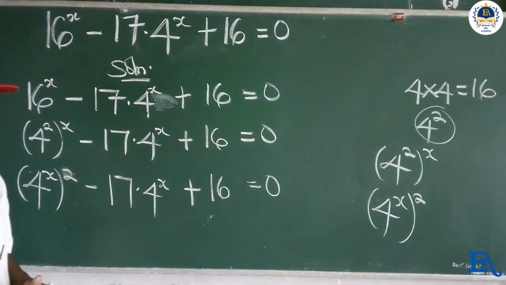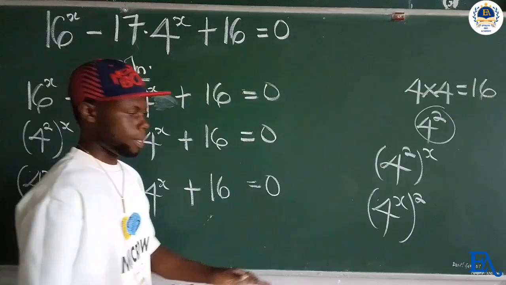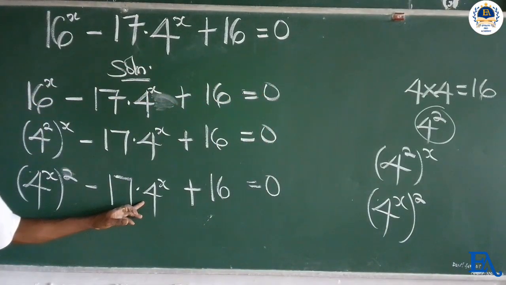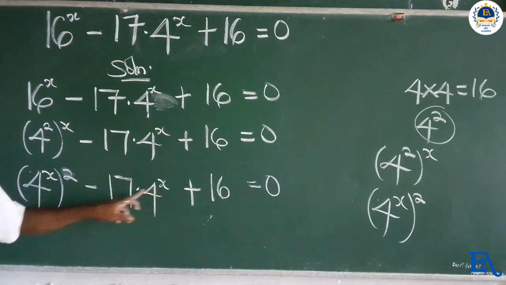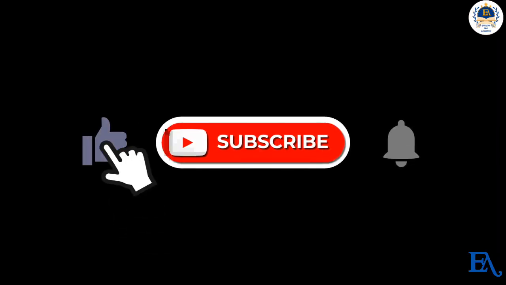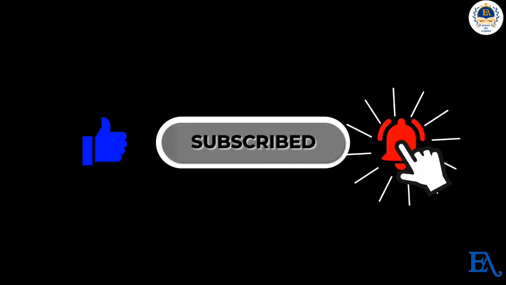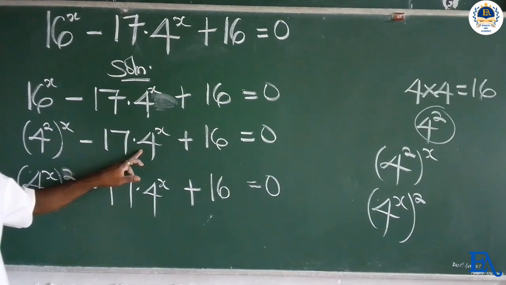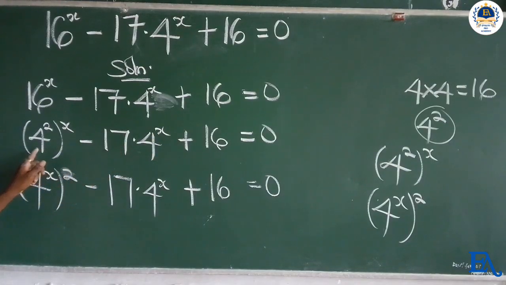Looking at this, the essence of interchanging the index or the power was to obtain the same term as what is written here. Over here we have 4 raised to the power of x, and here we also have 4 raised to the power of x. So now they are looking alike. We can easily solve this. The middle term is 17 times 4 raised to the power of x, while the first term was 4 raised to the power of 2, then in bracket raised to the power of x.